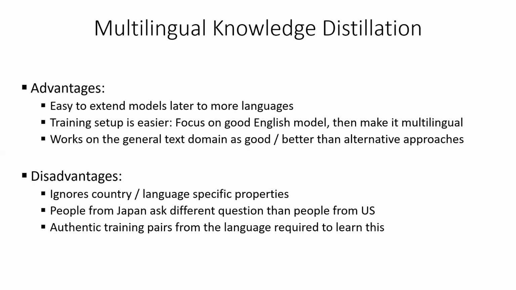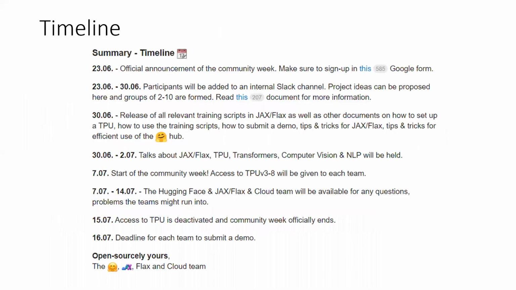To learn these country and language specific properties, authentic training pairs from the language would be required. So it will not work if you translate any data sets, but you would need authentic questions and answers, for example from Japanese, to get these country and language specific properties.